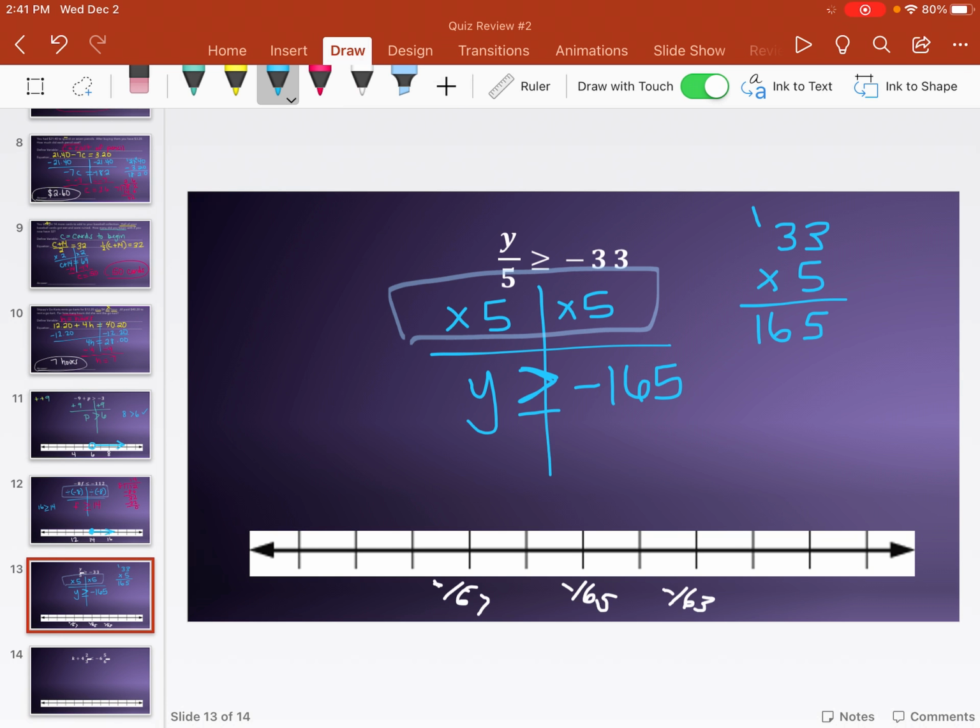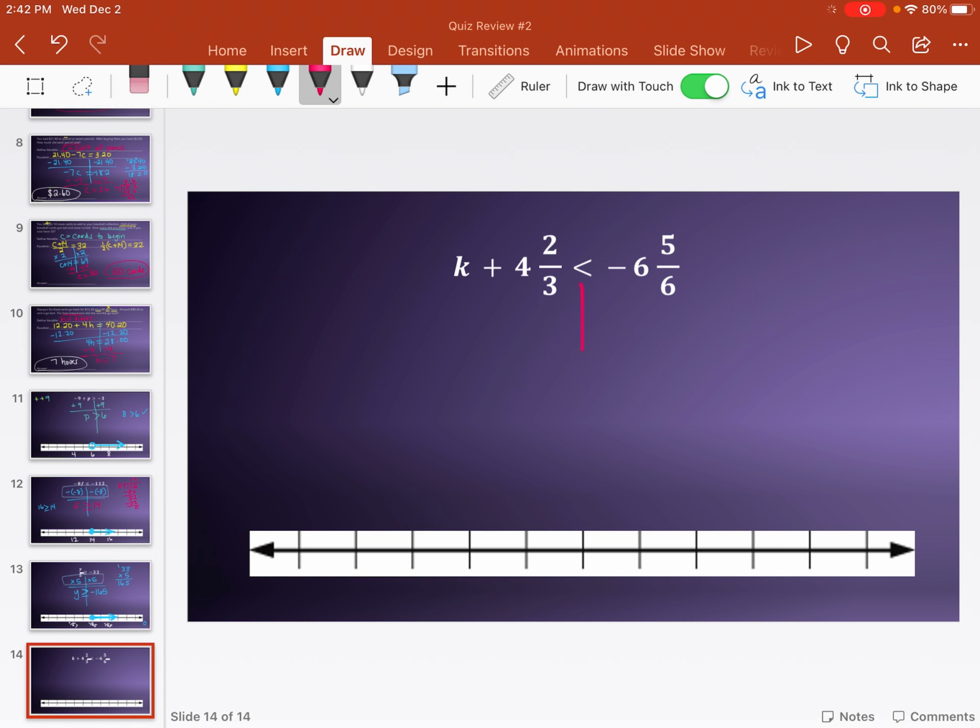Okay. Then it is a closed circle on negative 165, because it's or equal to, and then plug something in. So I like to think way down here on the right is the 0 and then the positive numbers. Those positive numbers are going to be greater than the negative 165. So I'm going to go towards the positive numbers for this one.